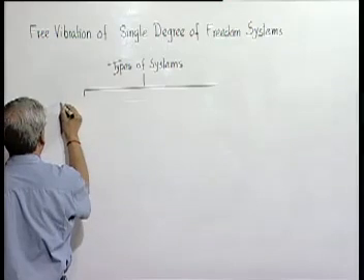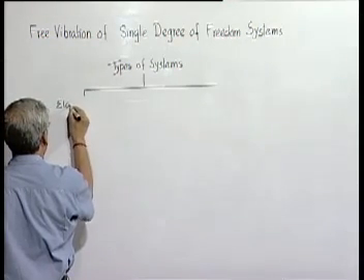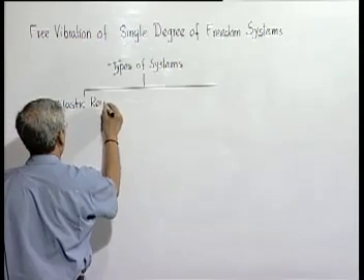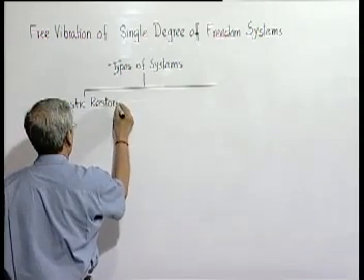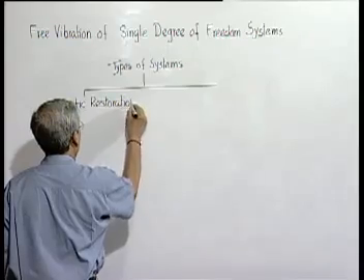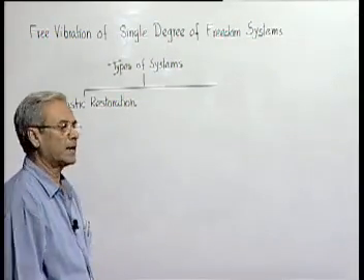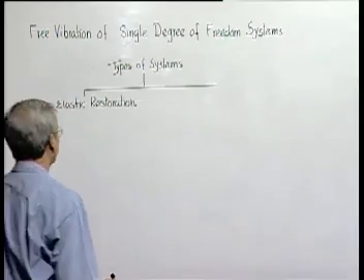One is the type of system where the restoration is through elastic members or springs.